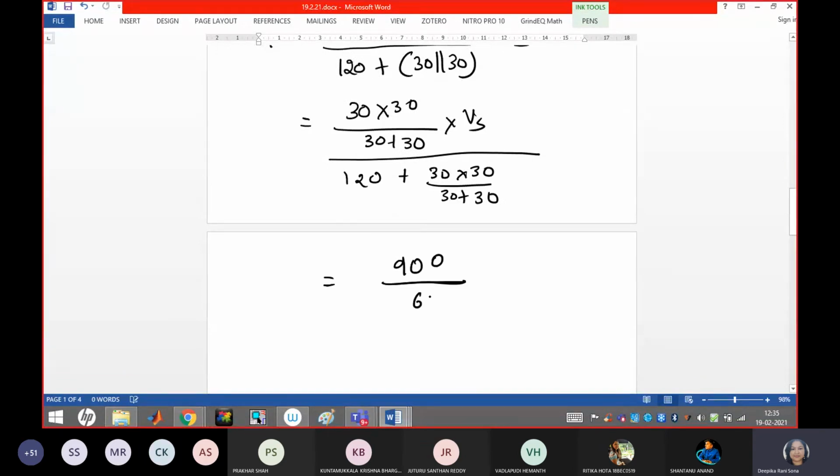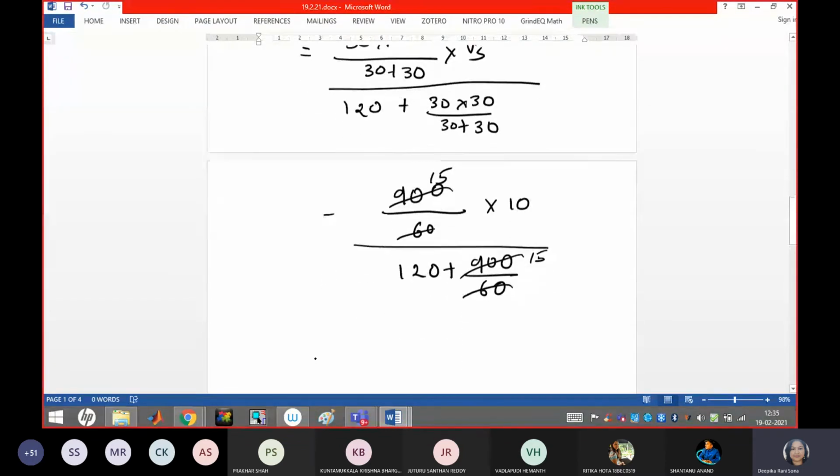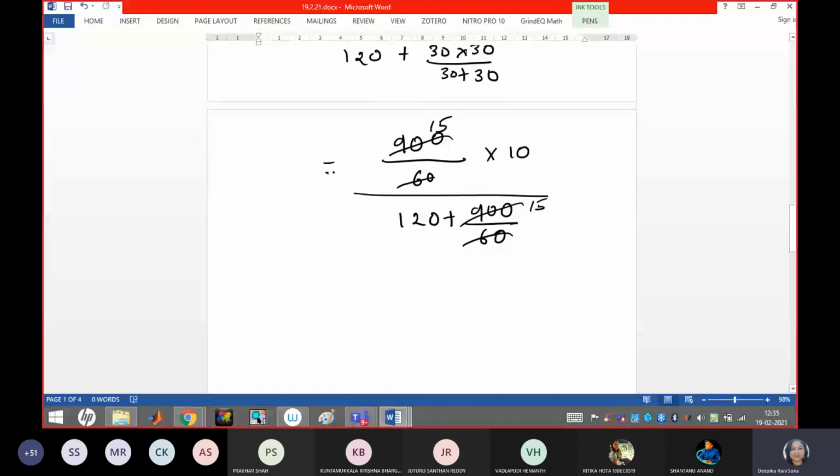900 by 60 into 10, whole divided by 120 plus again 900 by 60. So numerator part is 150 divided by 135, which is 1.11 volt.